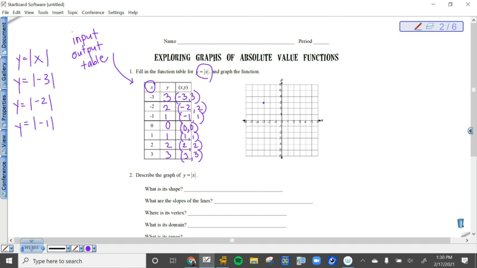That's my first point. -2, 2. Go over to -2, up to 2. Okay. And then keep going. Plot all of these points.